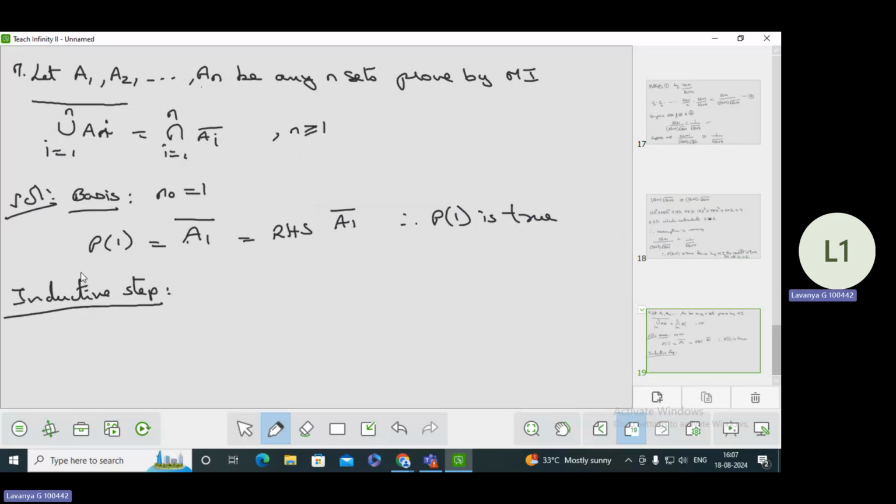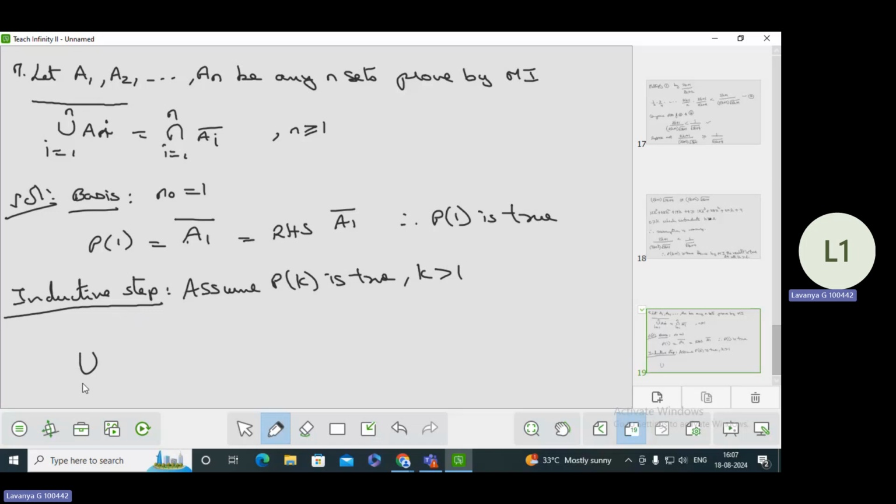Suppose you have two sets, then also you can show it is true. So we assume for any k, assume P of k is true for k greater than 1.